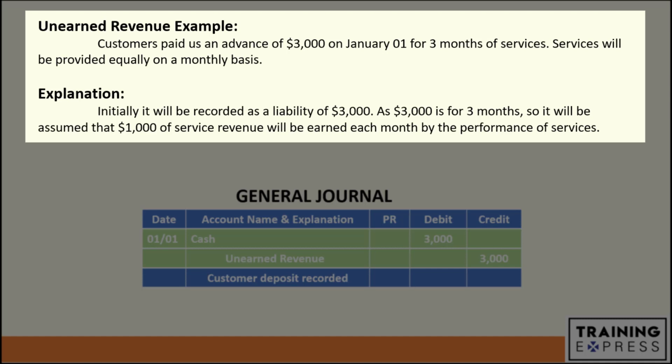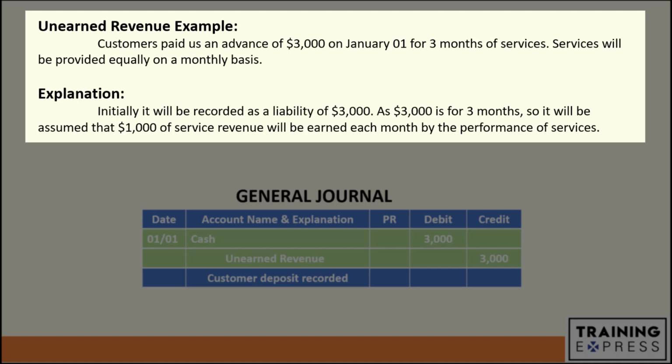Let's look at an example of unearned revenue. Customers paid us an advance of $3,000 on January 1 for 3 months of services. Services will be provided equally on a monthly basis. Explanation: initially, it will be recorded as a liability of $3,000.